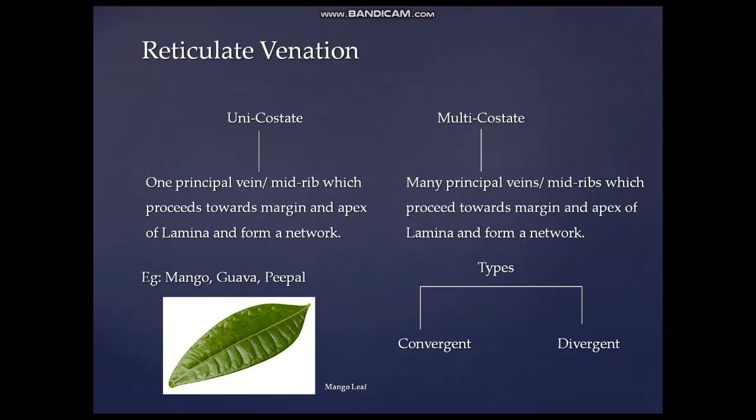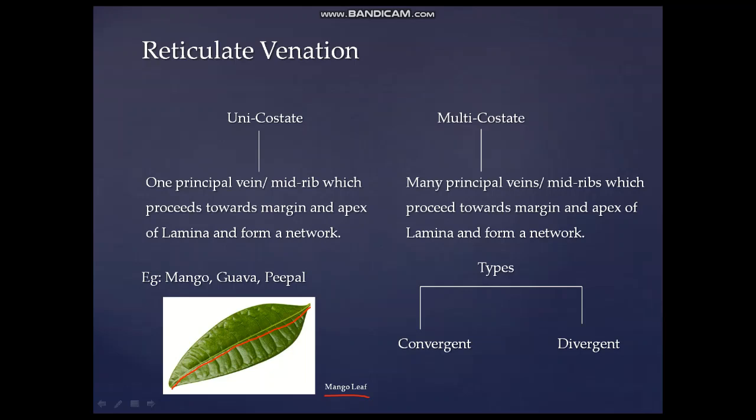So one principal vein or midrib proceeds towards the margin and the apex of lamina and forms a network. Examples are mango, guava, peepal. You usually see these plants in your day-to-day life. Look at the diagram. Here, the midrib runs from base to the apex. Only a single midrib is present.